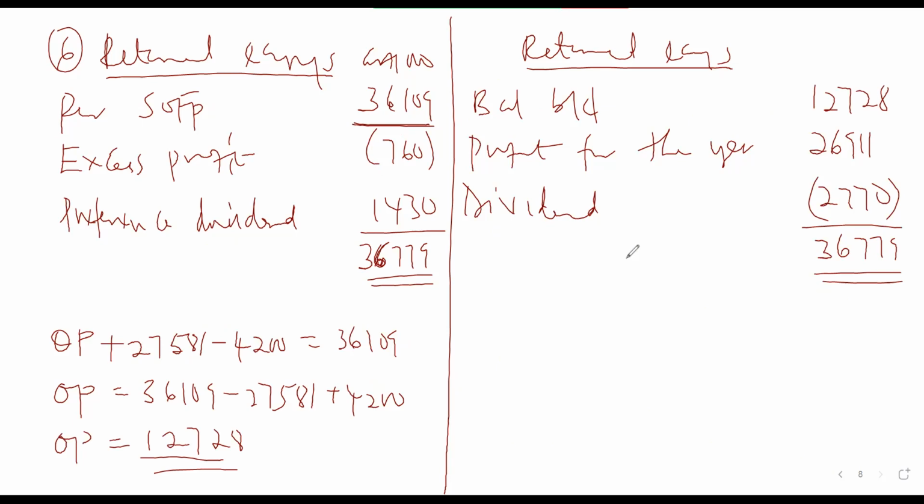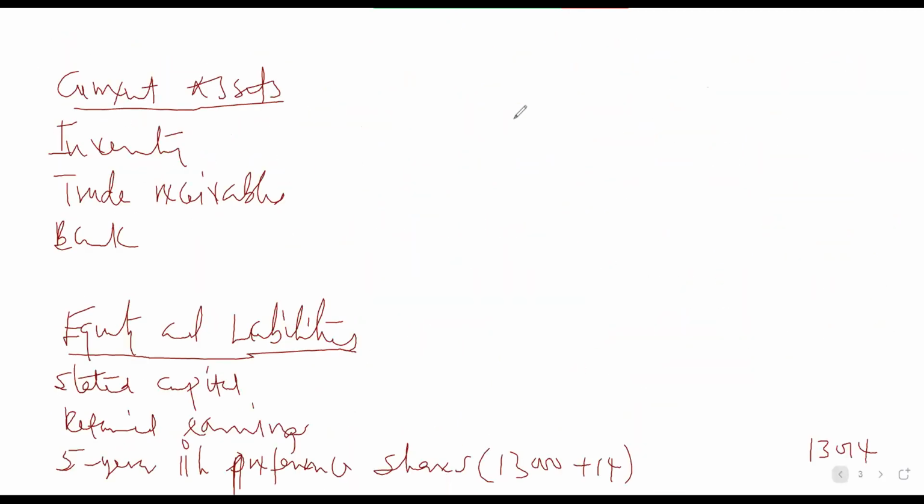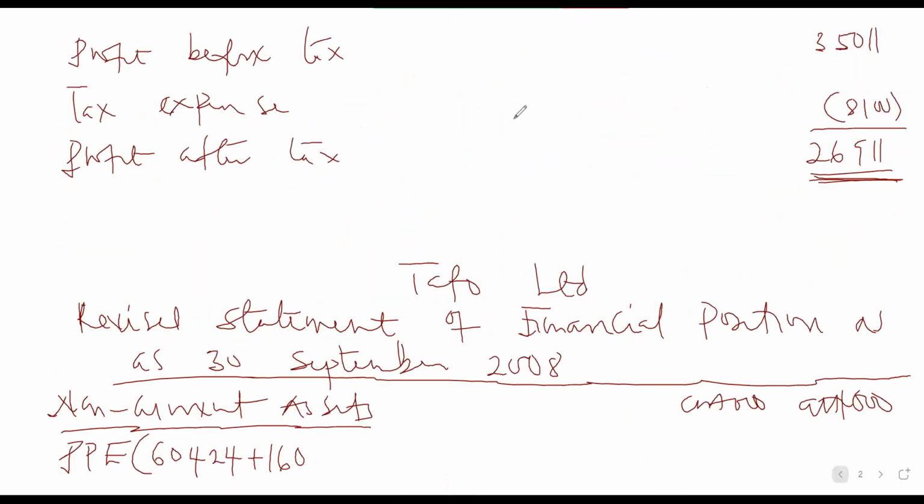Yes, we're getting the same thing. He said no, we're not getting the same thing. Let me come. Let's look at it. So the excess profit should be 670, not 760.